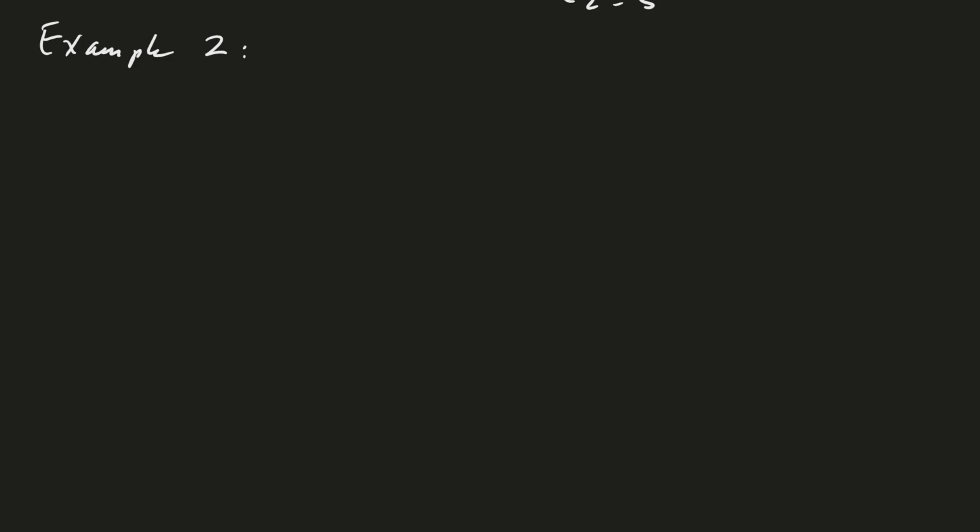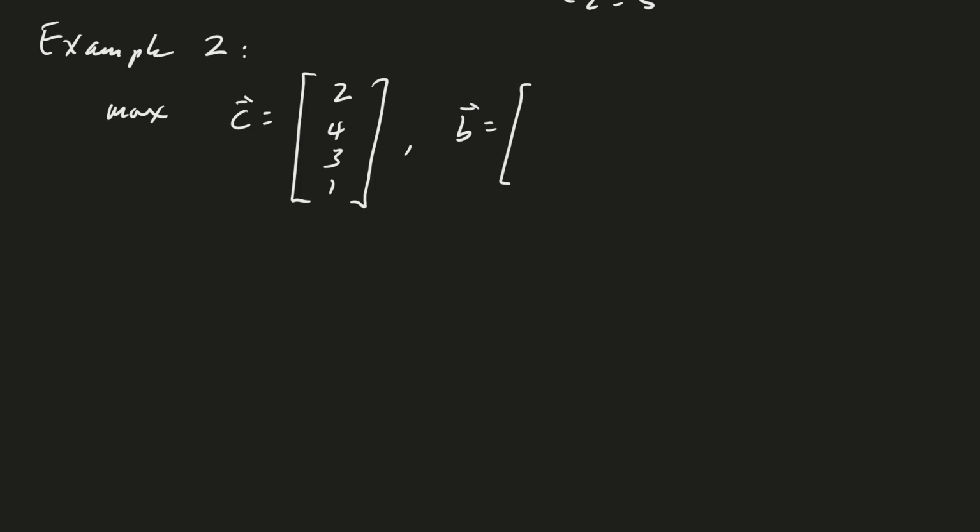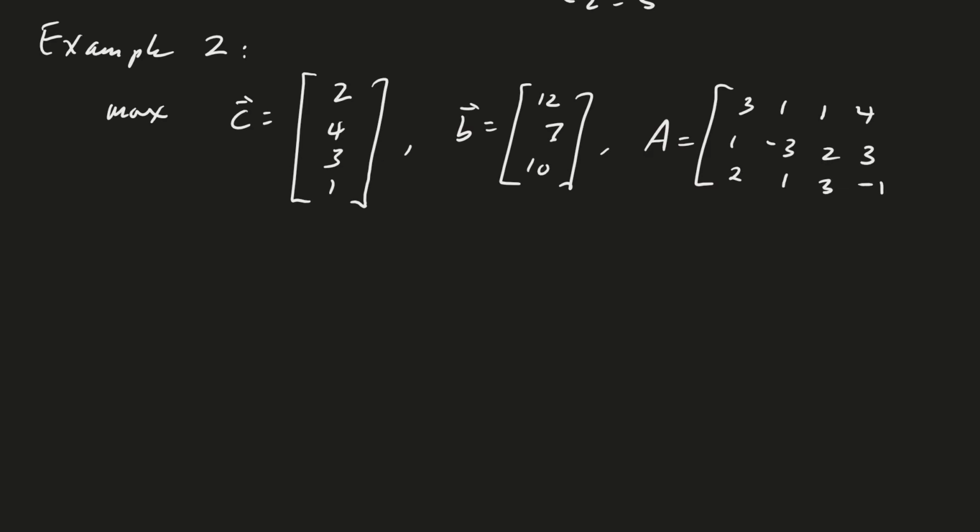It'll be similar. Suppose we have a max with C equals 2, 4, 3, 1, and our B is equal to, I guess I should have put A first, 12, 7, 10, and our A is equal to 3, 1, 1, 4, 1, minus 3, 2, 3, 2, 1, 3, minus 1.